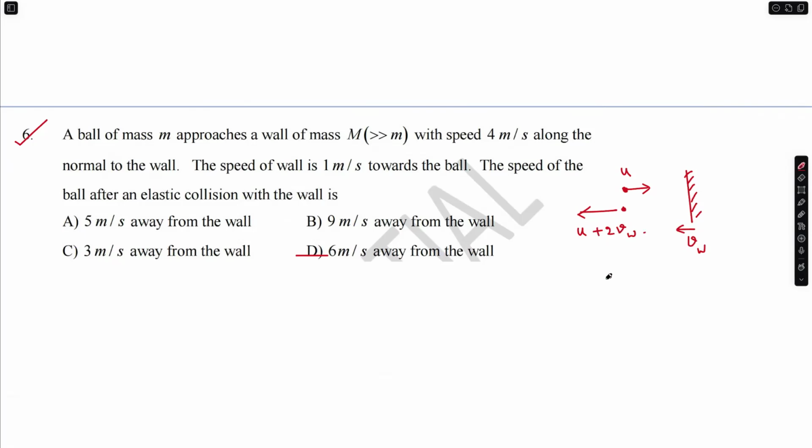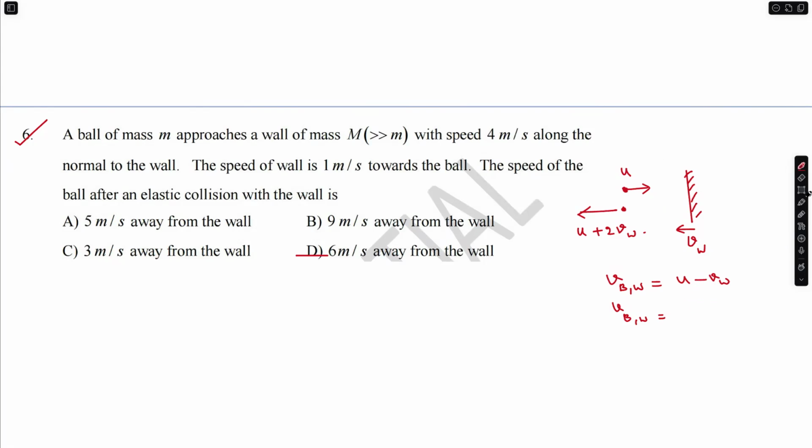So therefore, obviously, what will happen? Velocity of the ball with respect to wall before collision is u minus V wall. After collision also, the velocity of the ball with respect to wall must be more or less the same because it is an elastic collision. In that way you will get velocity of the ball with respect to ground.